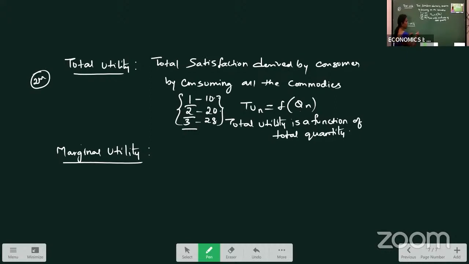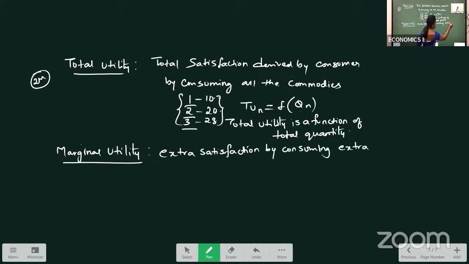You can say here, in simple terms, extra satisfaction by consuming an extra unit. Because when we take one extra unit, obviously we will get extra satisfaction. That is called marginal utility.